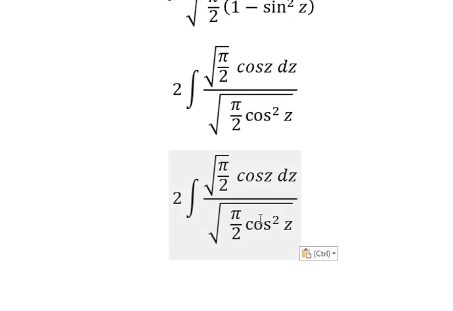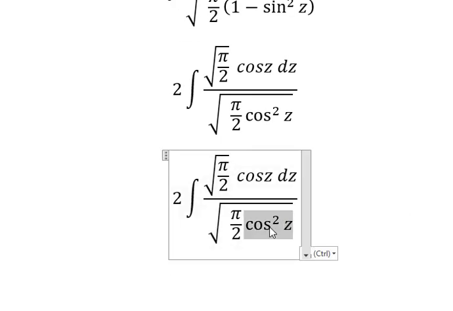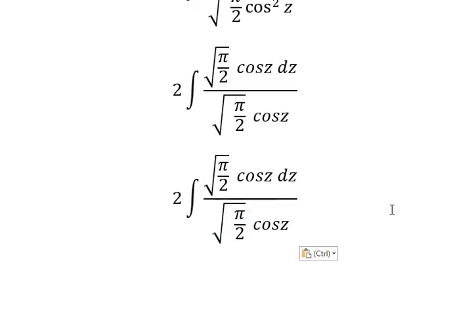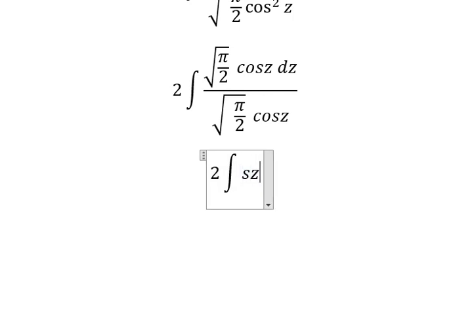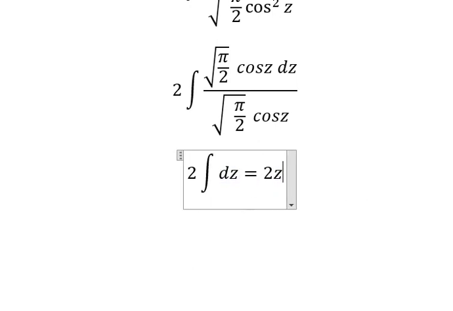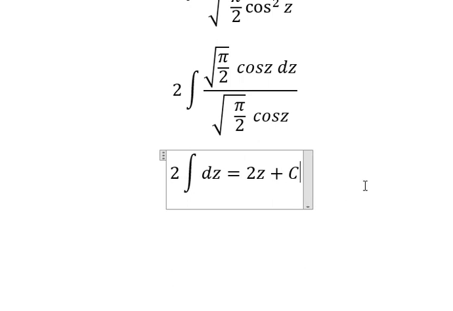The square root of cosine z squared, we have cosine z. Later, we simplify the numerator and denominator. The integration of dz, we have z, and I will put plus c.